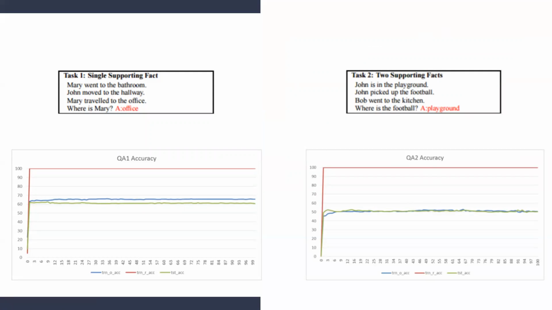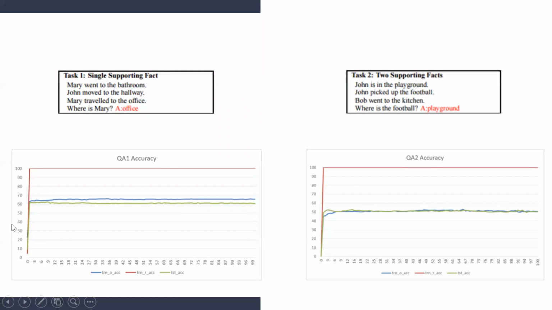Now let us look at some of the results that we got. For task one, single supporting fact was there, and an example of such is also present. Now for task two, two supporting facts were present. You can pause and see the examples if you want.